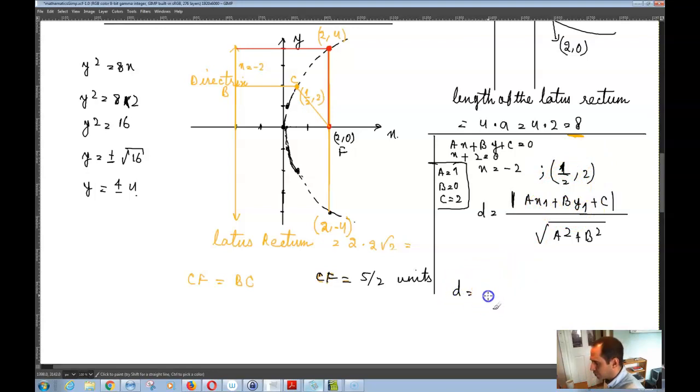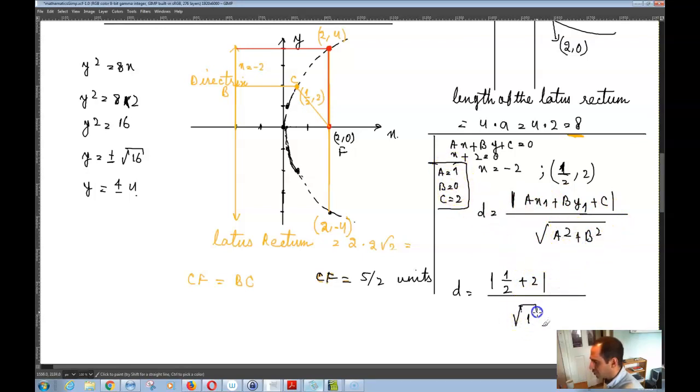So your d is equal to the absolute value of a times x1, which is 1/2, plus b times y1, which is 0, plus c, which is 2, over the square root of a squared plus b squared, which is the square root of 1, since b squared is 0.